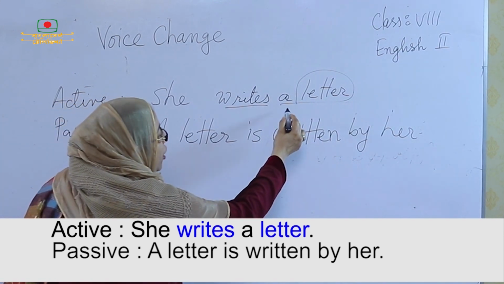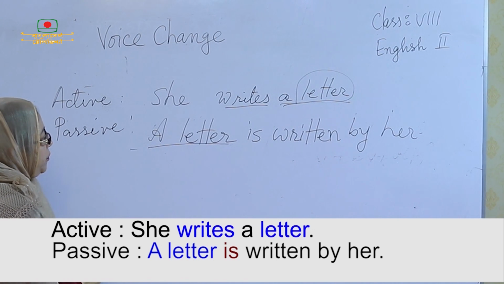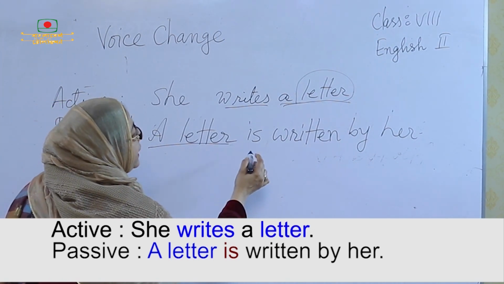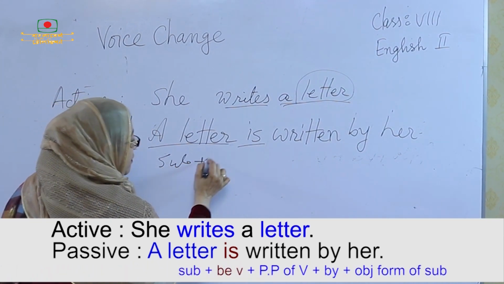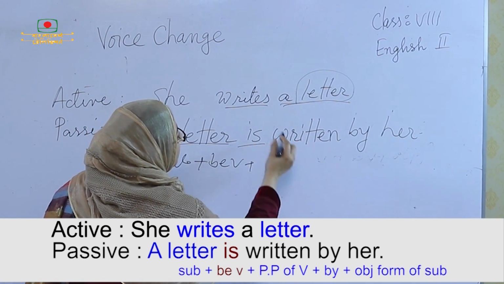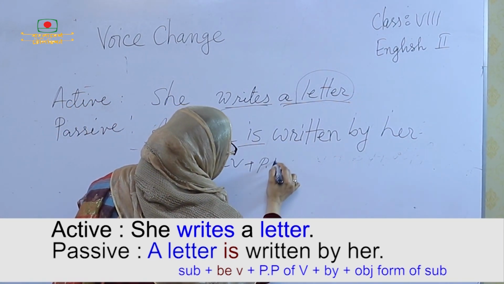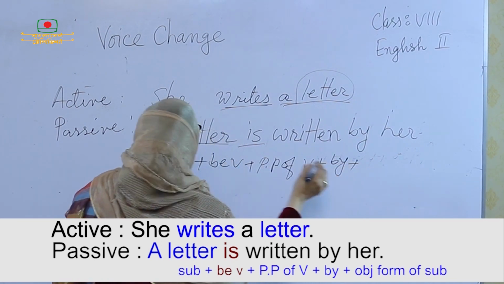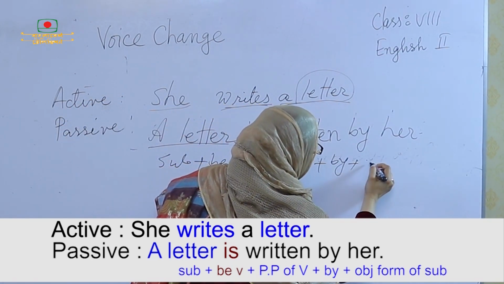The object of the first sentence, a letter, becomes the subject of this sentence, and then I write subject plus be verb plus past participle form of the main verb plus by, then the objective form of the subject.